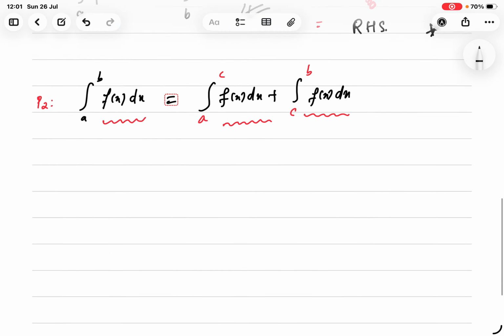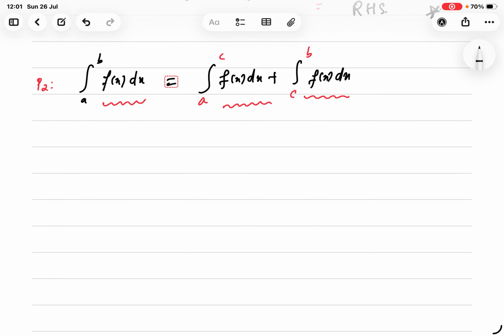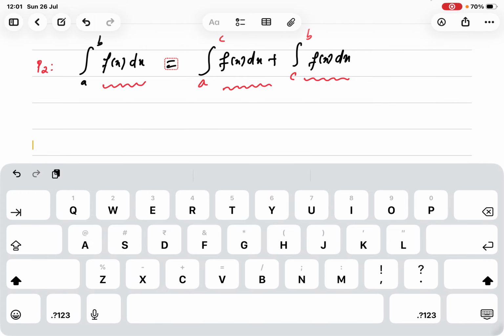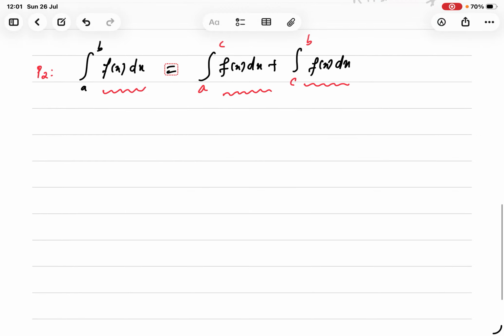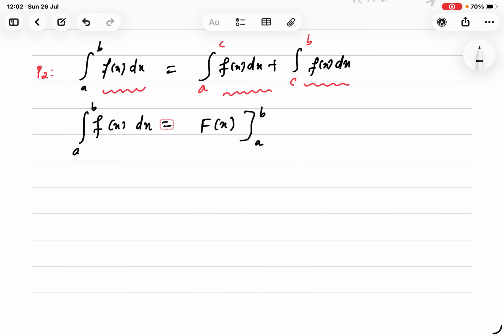Clear? And the third property: you can split the integration at a middle number. Now c is a middle number between a and b. Take the integral from a to b of f of x with respect to x. Already we know the answer: f of x with the range varying from a to b.